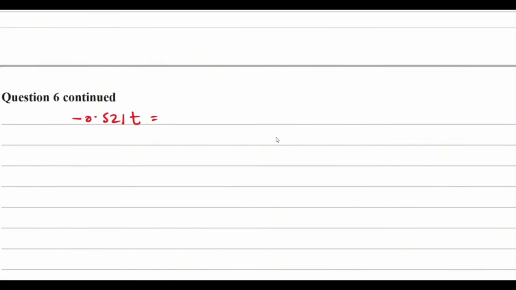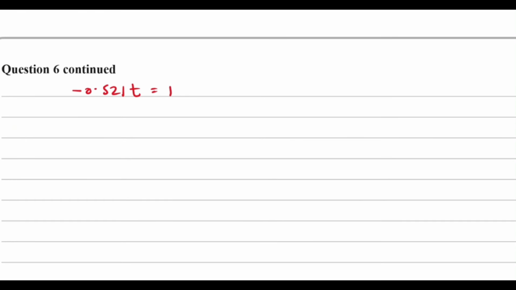Taking ln on both sides would give us minus 0.521 t on one side and ln of 9 by 28.134 on the right. So this gives t.